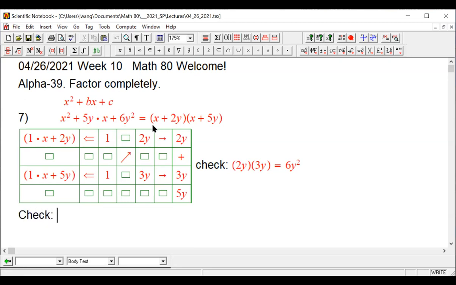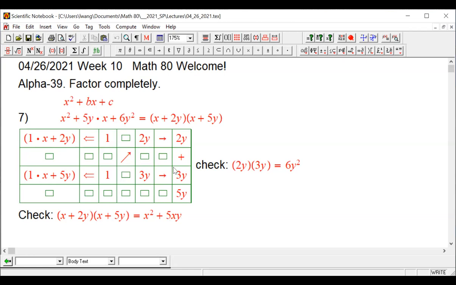When checking, we're going to FOIL it. X times x, that's x squared. X times 3y, that's 3 times xy.